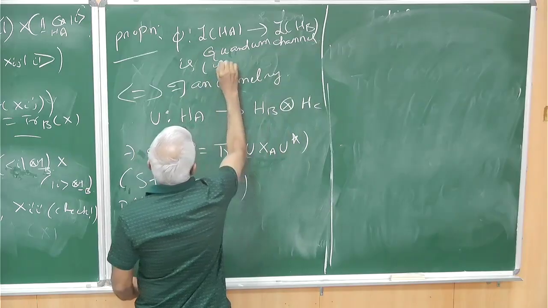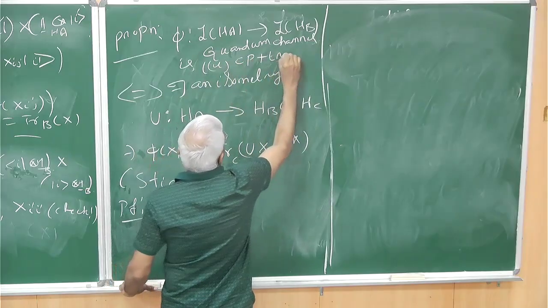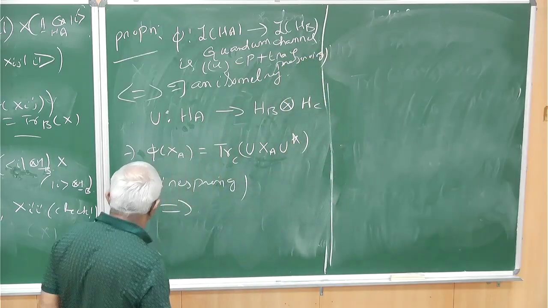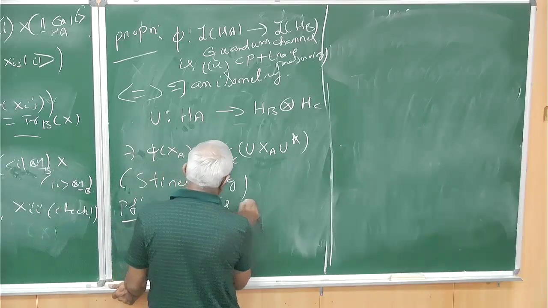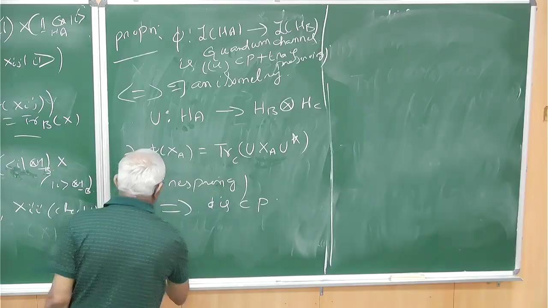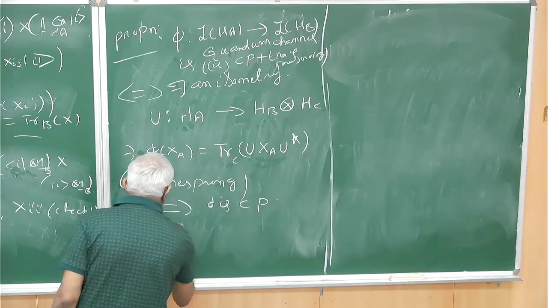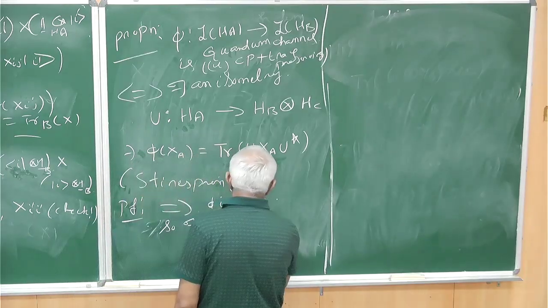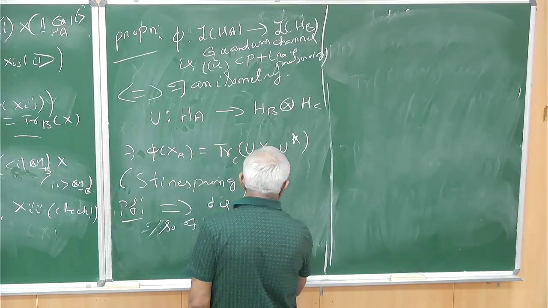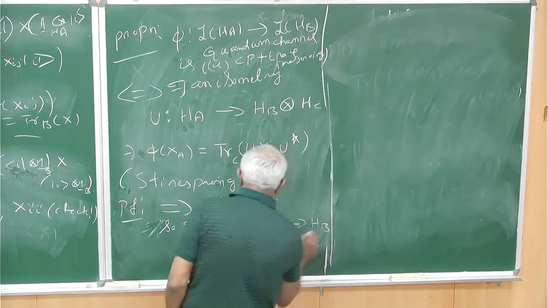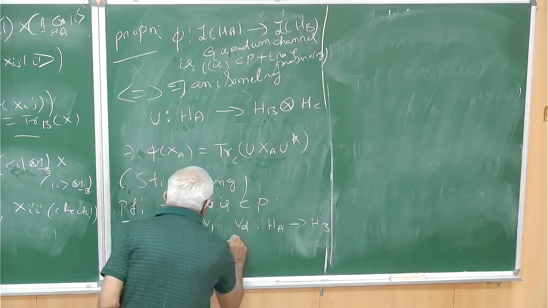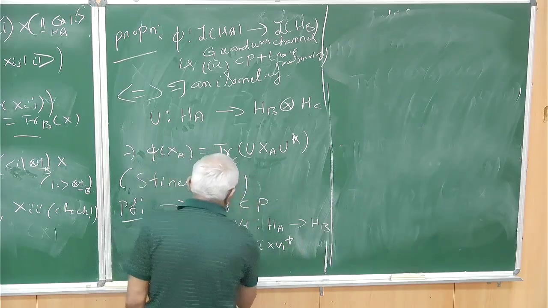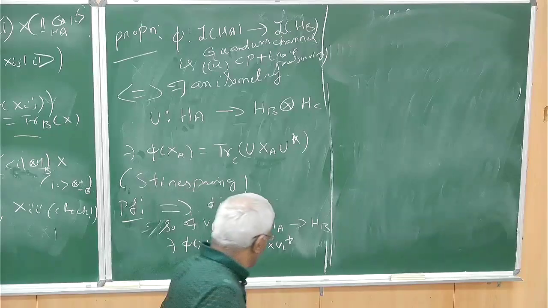That is CP plus trace preserving. So phi is CP. This implies that there exist V_1 up to V_D from H_A to H_B such that phi of X equals the summation of V_i X V_i star, i equal to 1 to D. So this we have proved.